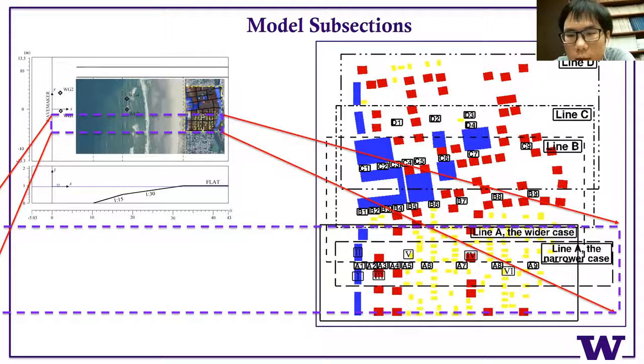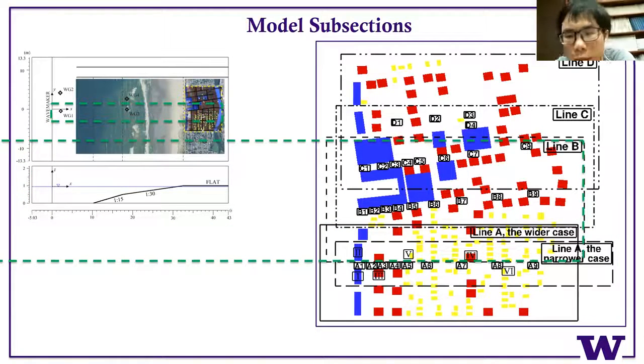And so we use our 3D model to only model this subsection to get flow parameters at A1 to A9. In this way, we don't have to model the entire rectangular region. And you can see we repeat this process for other groups of gauges, or other groups of places where we want to predict flow parameters.